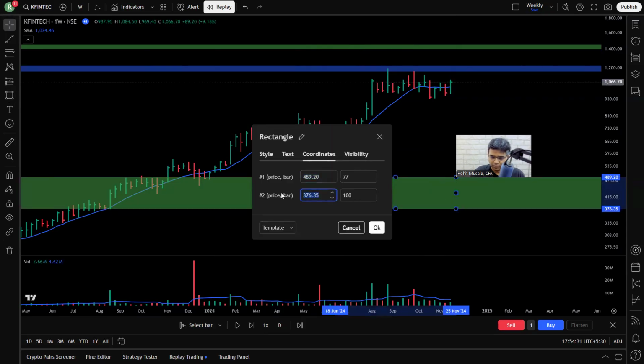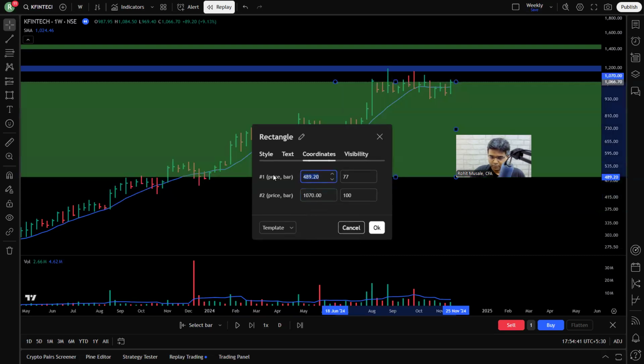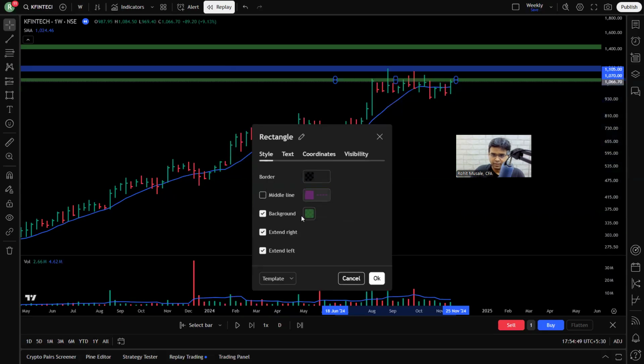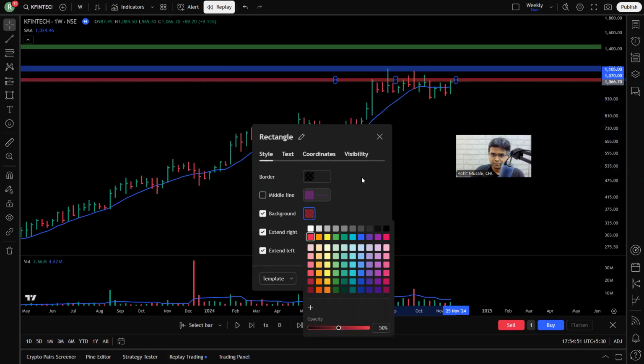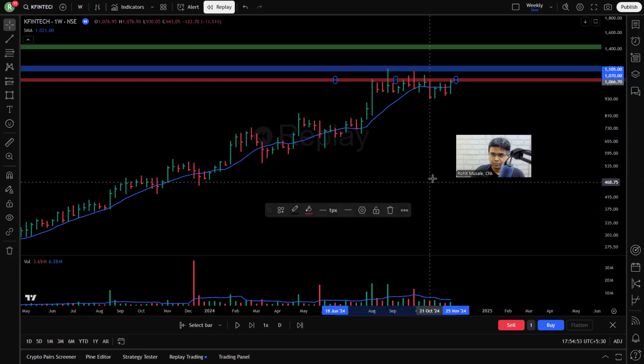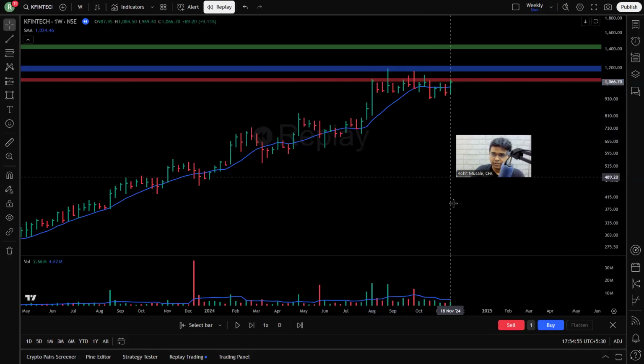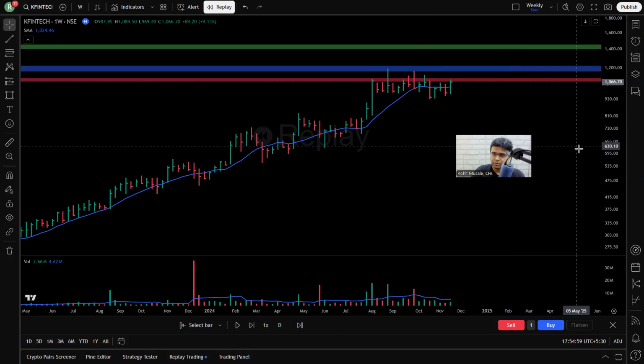So this is 1164 multiplied by 0.92, which is 1070. I'm not using the decimals, okay? 1164 multiplied by 0.95. This is 1105. Let's give it a red color. Okay, done. Buying range, selling range, stop loss range.